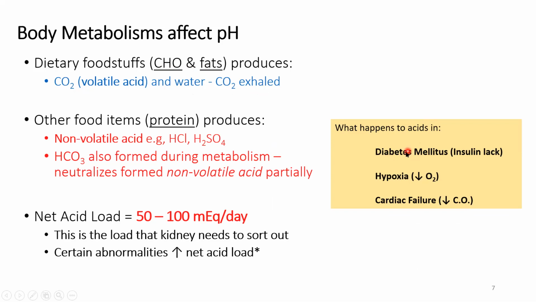However, when a person develops diabetes mellitus, i.e., insulin is lacking, carbohydrates will now be metabolized not into carbon dioxide and water, rather, they will be metabolized to keto acids. Now, keto acids are another form of acids which you cannot exhale, so you have a problem now.